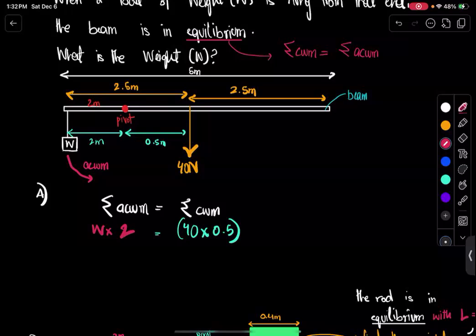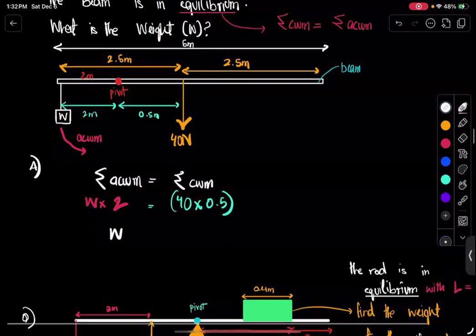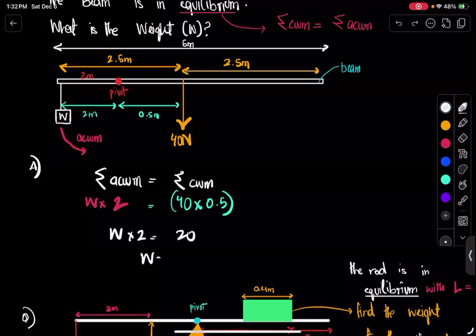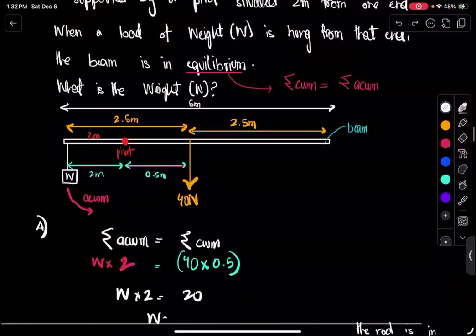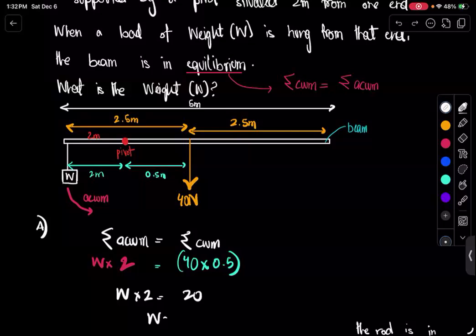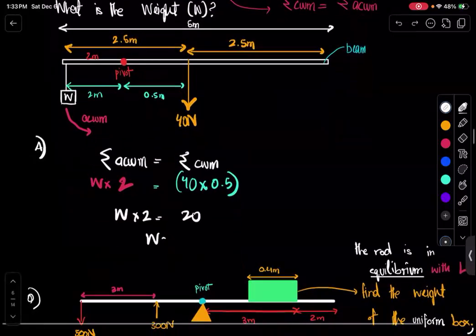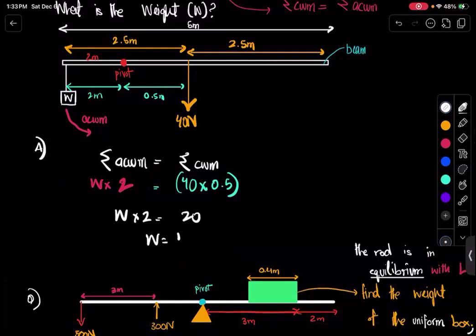It is 2 meters, so W into 2 is equal to 20. So W is actually 40 meters. Oh, sorry, it's going to be 10 newtons. W into 2 and then 40 into 0.5. Yep, that's right. W is 20 over 2, 10 newtons. So that's how you measure it.